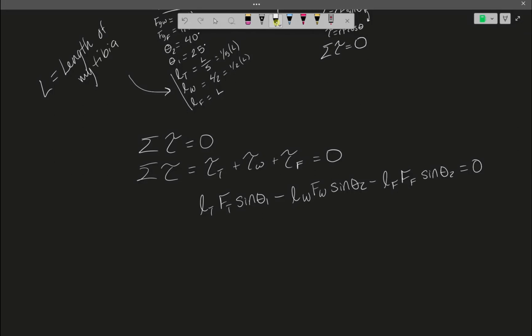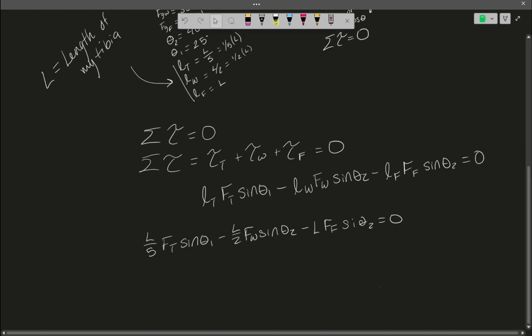So this will be LT is L over 5 FT sine theta 1 minus L over 2 FW sine theta 2 minus L FF sine theta 2, and this will be equal to 0.